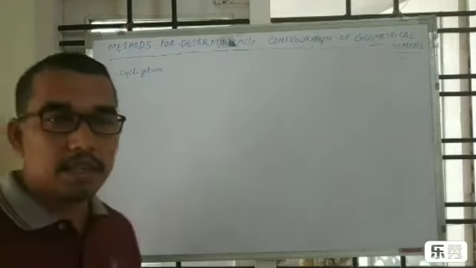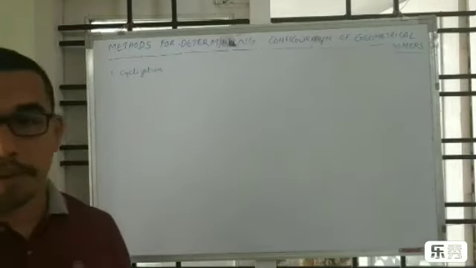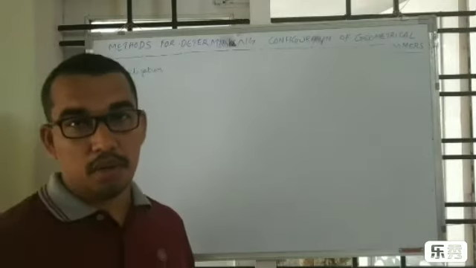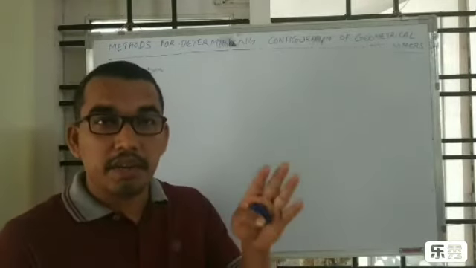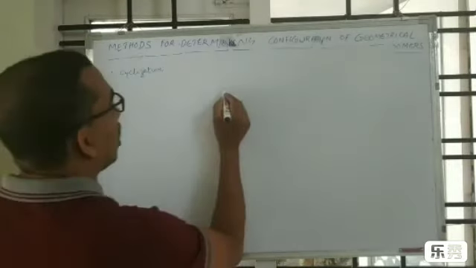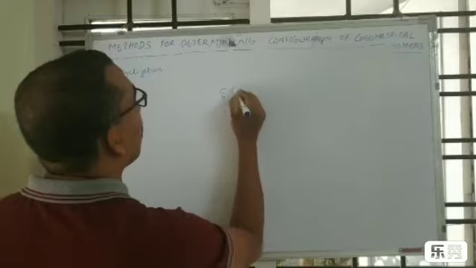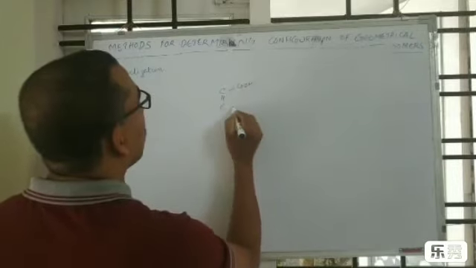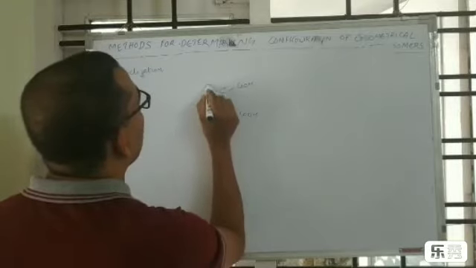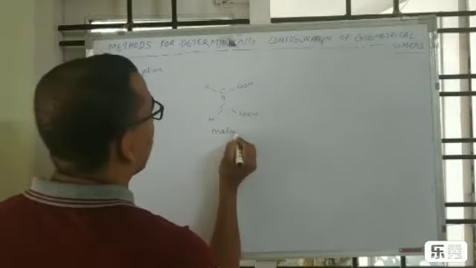In cyclization, the point to remember is that intramolecular reactions will occur very easily when the reacting groups are closer to each other. For example, this is malic acid.